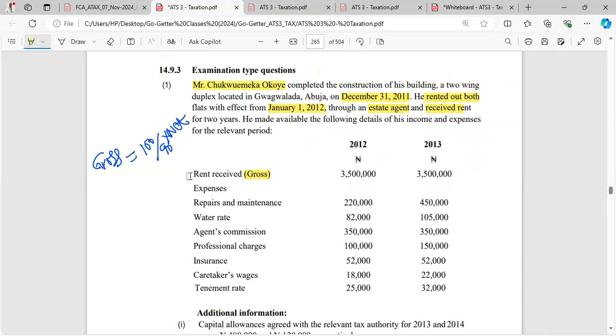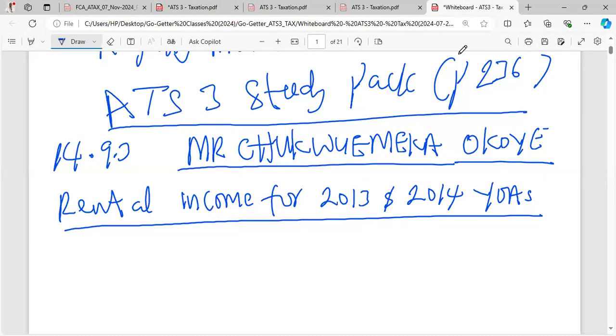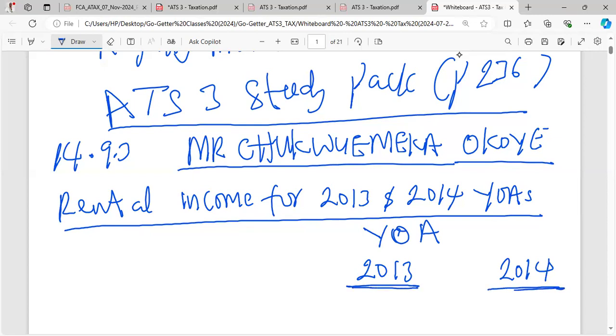So what happened? This is the rent he received gross. So let's write the 2 years. This is years of assessment. So I have 2013 and I have 2014 here. So this is my Naira sign.